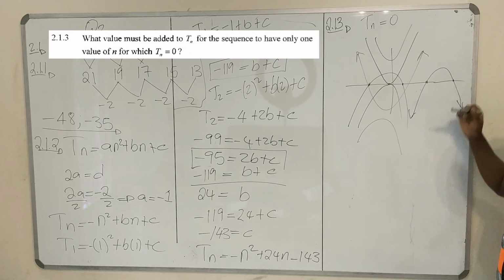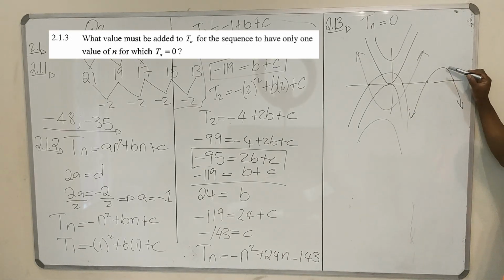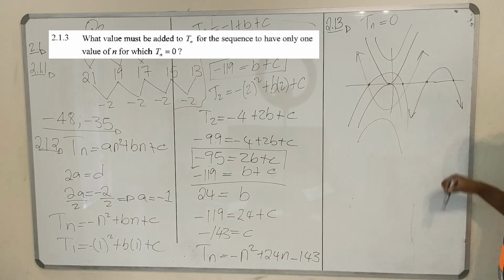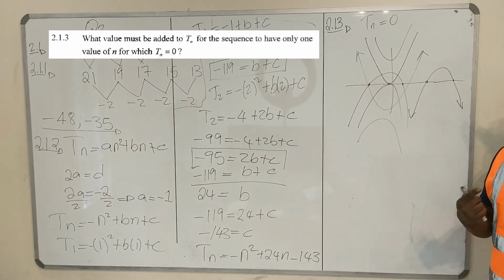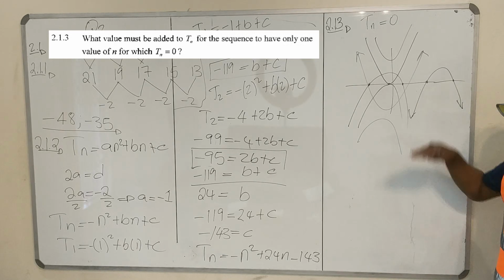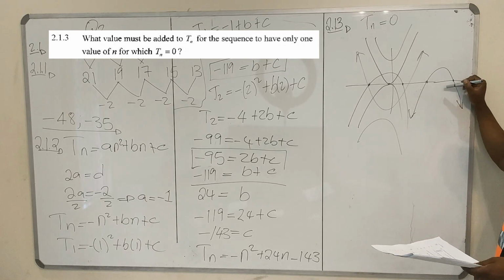You're not following me? Okay. What I'm saying is, look at this function in this graph that I've drawn here. Let's say you wanted this graph to have two equal roots. What are you going to do with it? You're going to shift it down. Do you understand? So, we're going to shift it down.